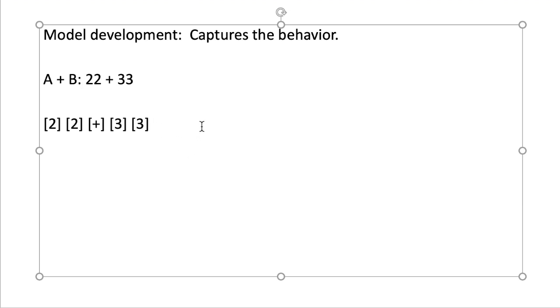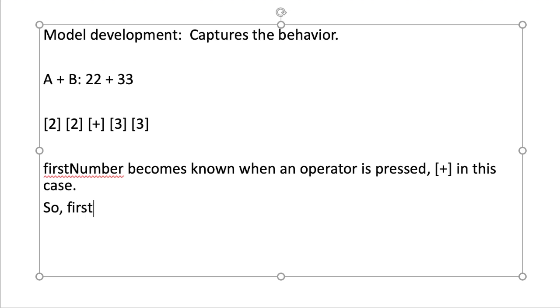Clear that, or we can keep on displaying it, but we know that now the user has finished entering the first number. So in our model class, we could have a variable called first number. So when the operator is pressed, we assign its value as 22, right?